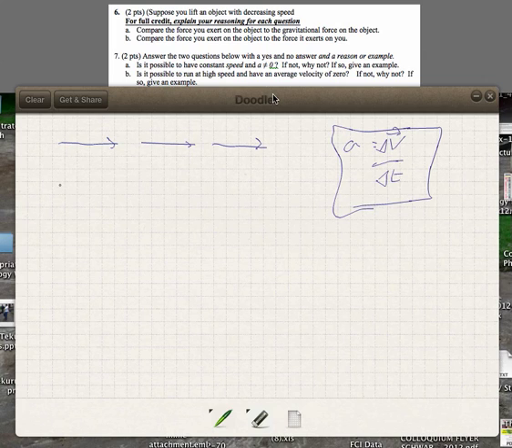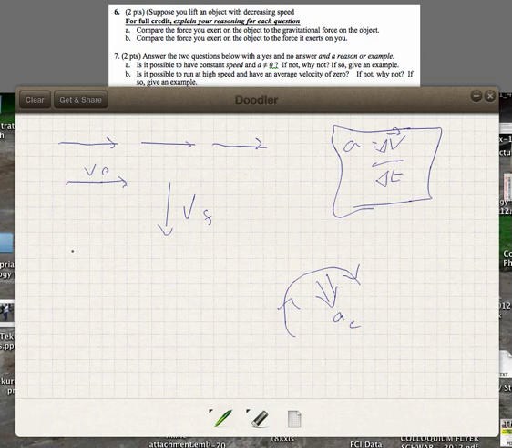Oh yes, what if we have v naught here and v final here? Then you have a change in velocity, but the speed is the same. Or if you go in a circle, your velocity is changing, you're getting centripetal acceleration into the center, but the speed is the same.